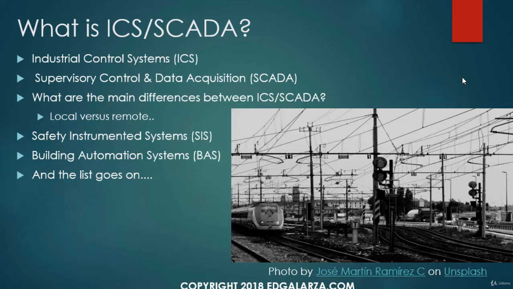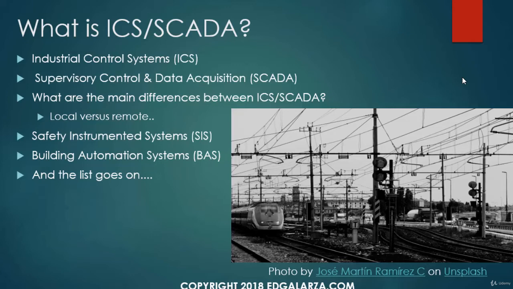And then you have building management systems, or building automation systems, BAS. Think of these as industrial processes to monitor and control processes within the building, such as heating, cooling. You could also monitor and control the building security, access control, door locks.